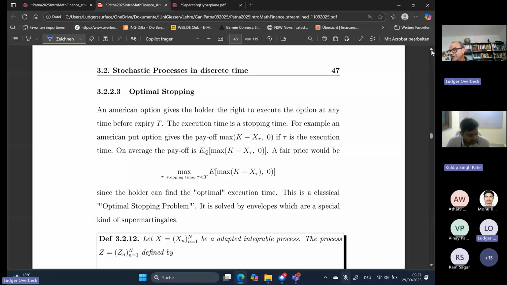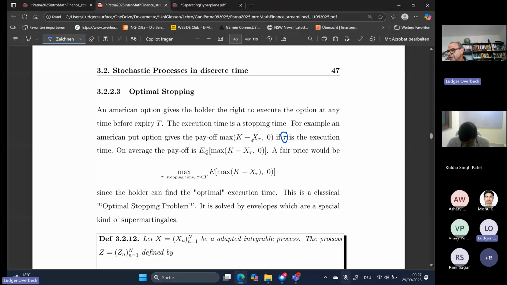So if you execute at time tau, then you will get K minus X_tau, or 0. This means if X_tau is smaller, then the payout looks like this.